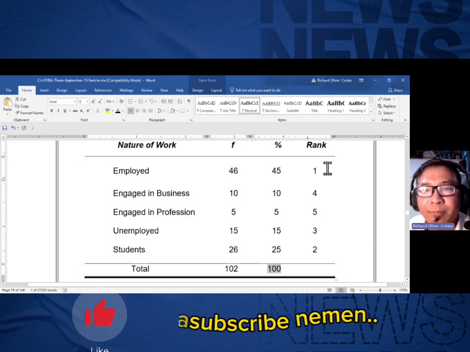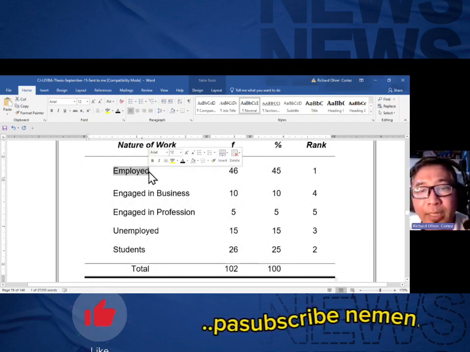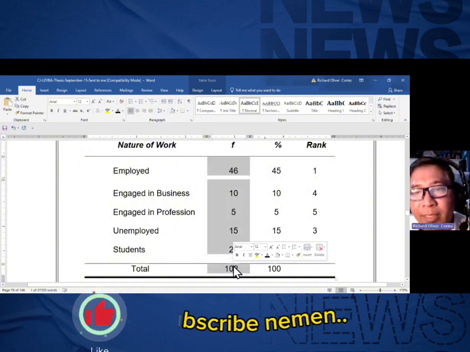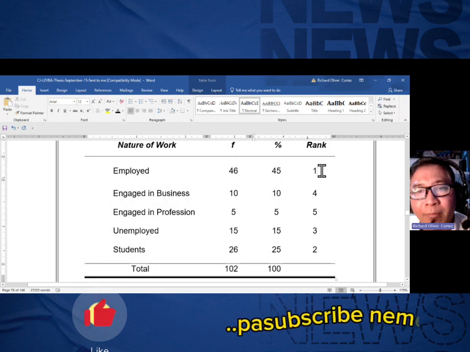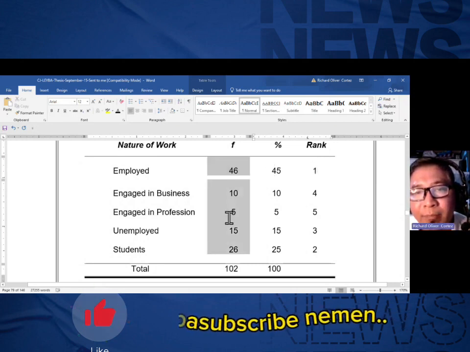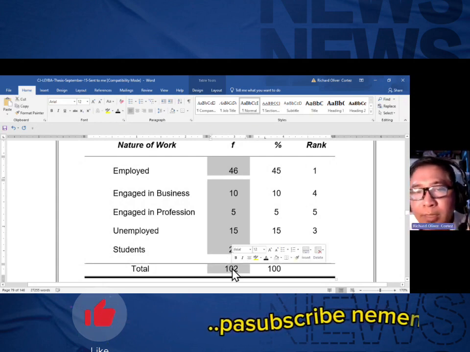So you don't have problems if the frequencies are not tied. If the frequencies are different, ranking is easy. You have no problem. The problem with ranking comes when some frequencies are the same.